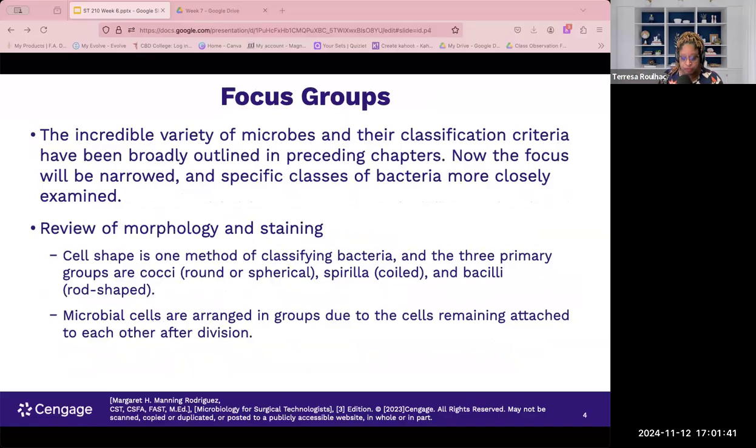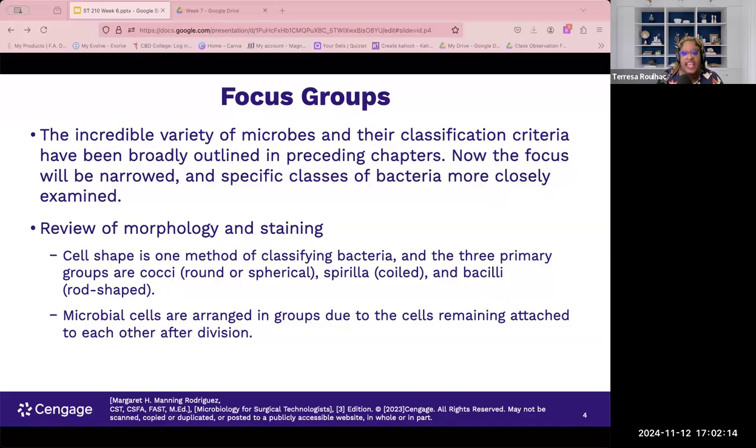Now, to help us understand these classifications of bacteria, we can break them down in ways that tie directly into what we might observe or handle, like what we're going to be doing in the operating room. We often encounter bacteria that can be classified by their shapes and their group arrangements, and that's all identified through staining and morphology, which is the study of forms and structure.